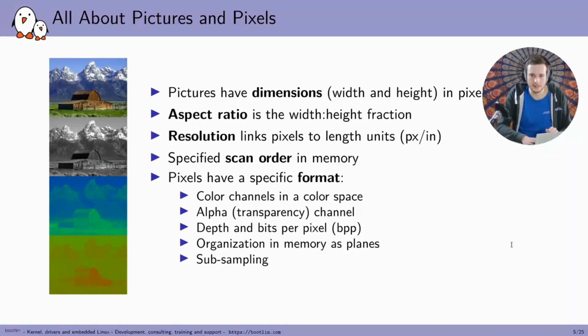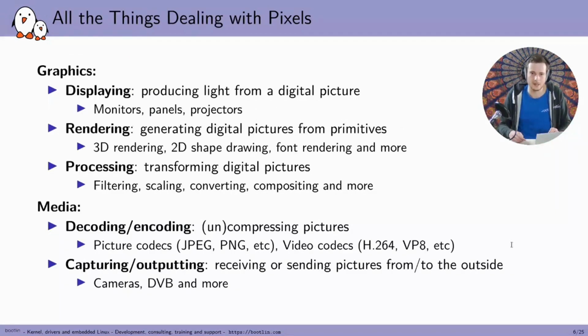Okay, so now we kind of have some idea about pictures and pixels. And let's try to look at all the different kinds of hardware or devices that might deal with pixels. So there are basically two main categories for this. The first one would be graphics, and it contains the following things.